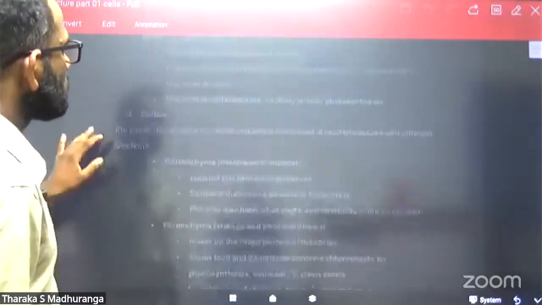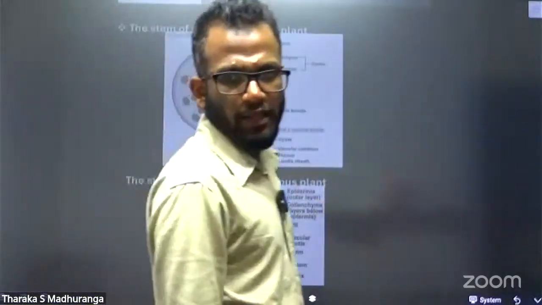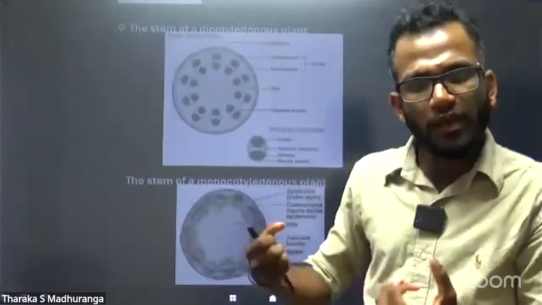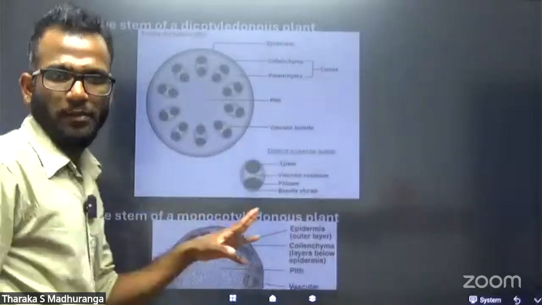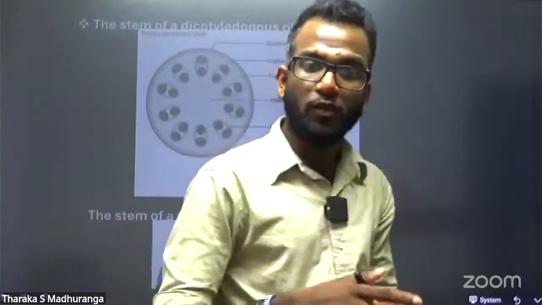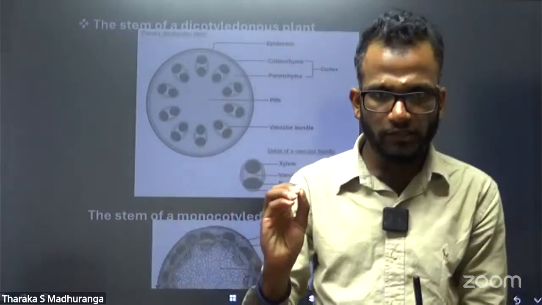Okay, this one. In the lesson they gave the stem structure of dicot and monocot first, but I am going to start with the root, then you can get the full idea about plant structures.